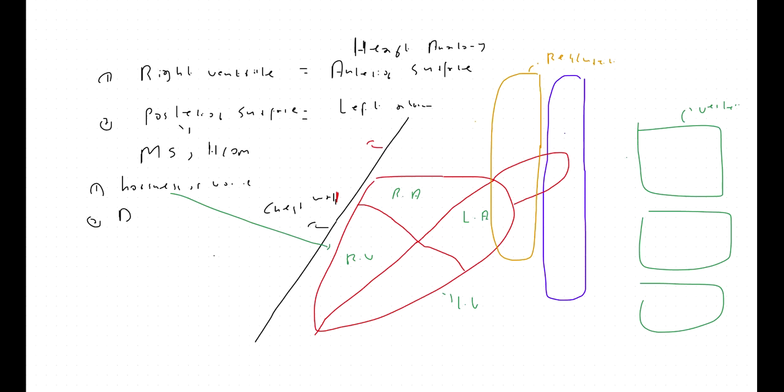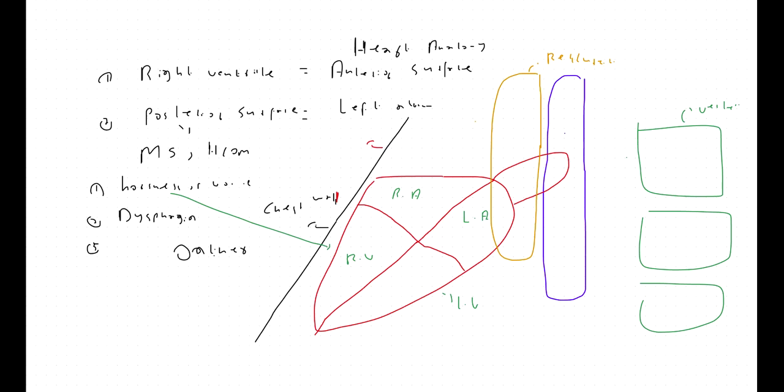So dysphagia and hoarseness with left atrial enlargement make one syndrome that's called Ortner syndrome. So what is Ortner syndrome? Ortner syndrome is enlargement of the left atrium which causes hoarseness and dysphagia, and I told you why. This is the reason the left atrium is very important to understand. So the posterior surface is formed by the left atrium. Okay, so that was the anterior and the posterior surface.